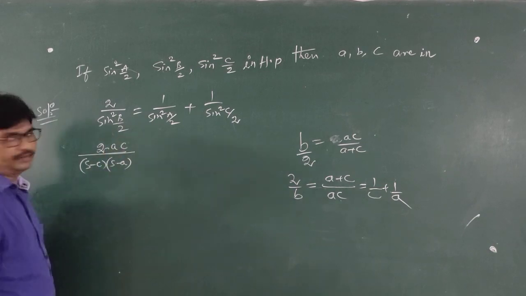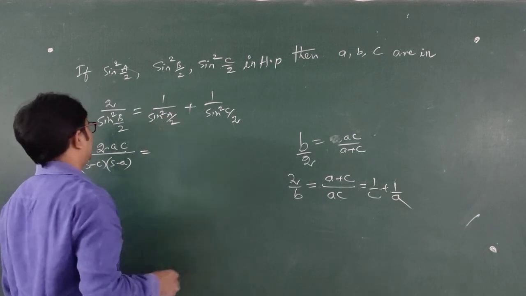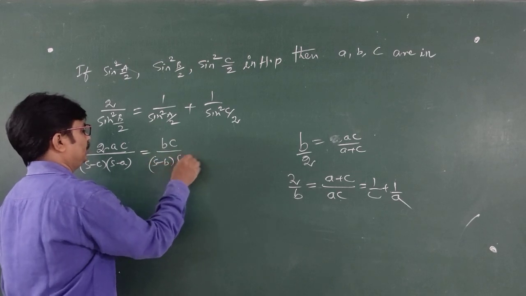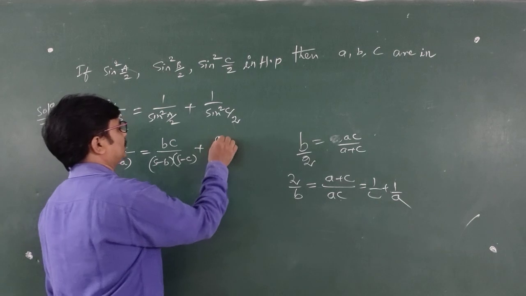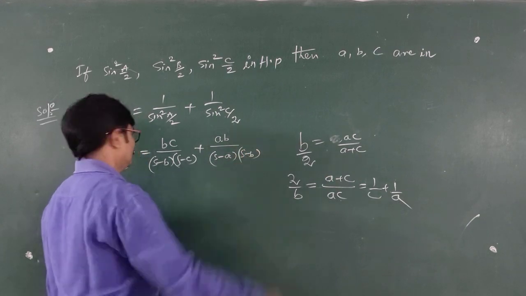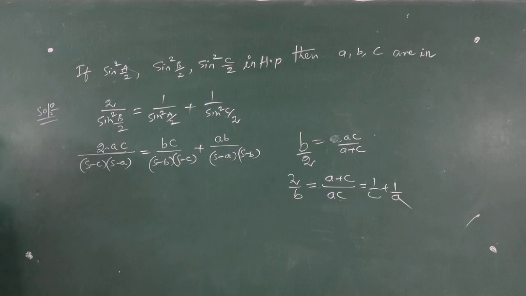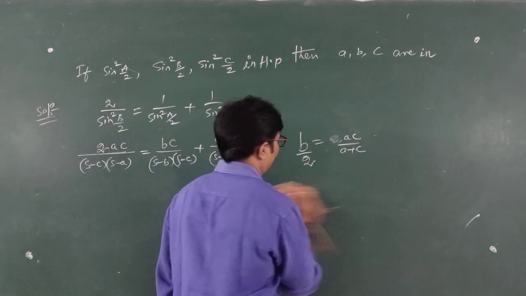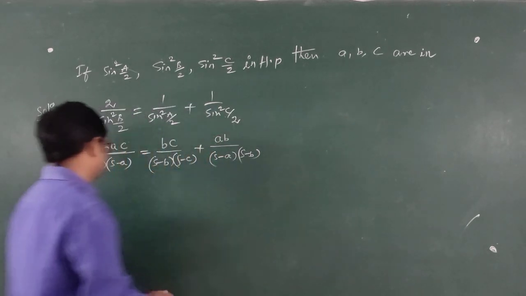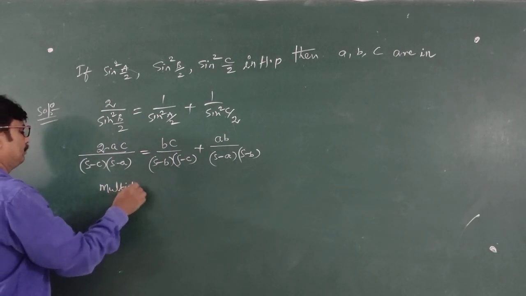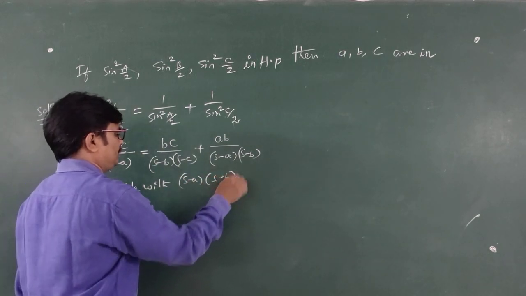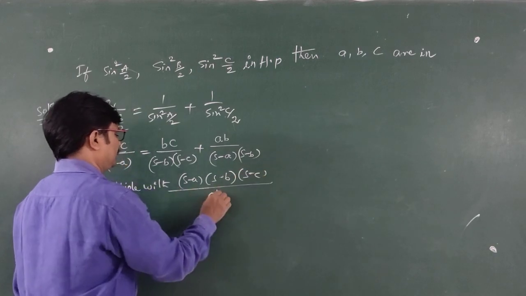Sin²(A/2) can be written as (s minus b)(s minus c) upon bc, and sin²(C/2) is (s minus a)(s minus b) upon ab. Here we observe that each and every term we have to multiply on both sides by (s minus a)(s minus b)(s minus c) upon abc.